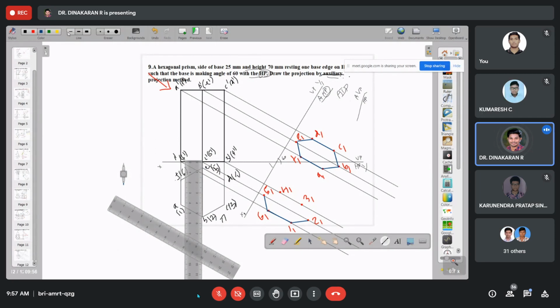Inside of these edges are invisible. Invisible means it's a dashed line.